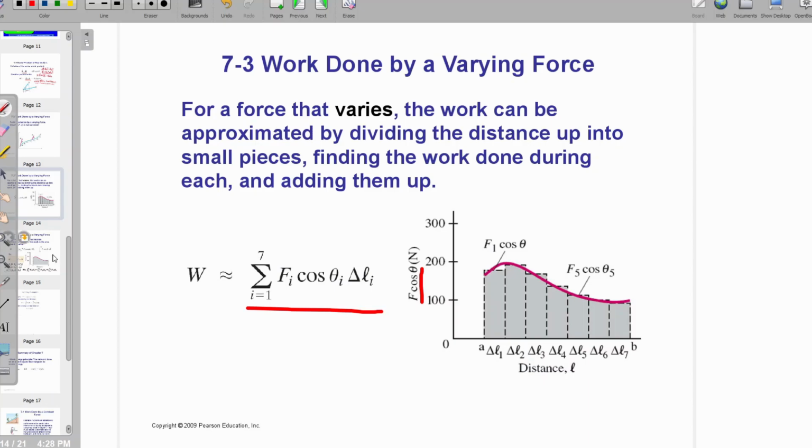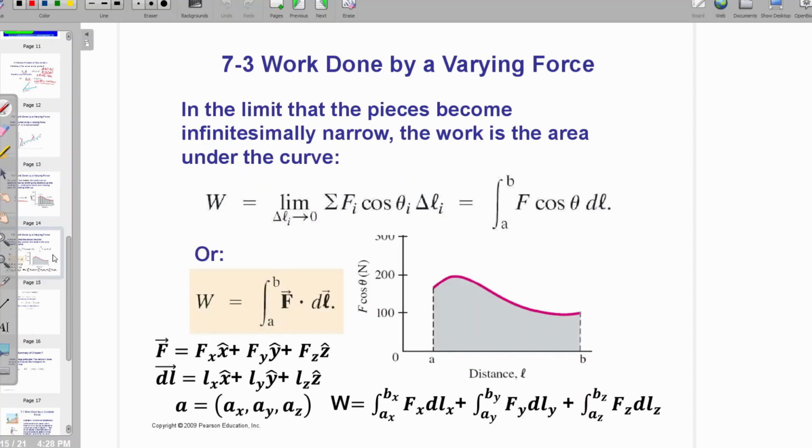There's another way to write this, and it is in terms of an integral. So work is the integral from the starting point to the final point of F dot dL, where dL is a displacement element.